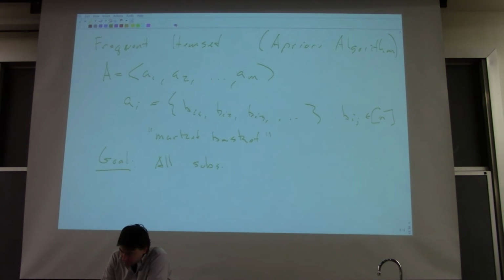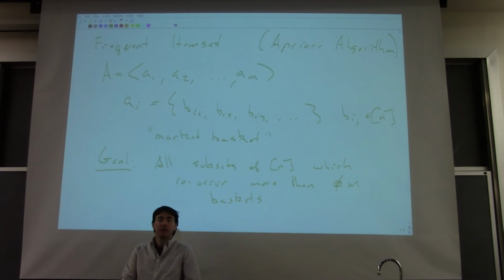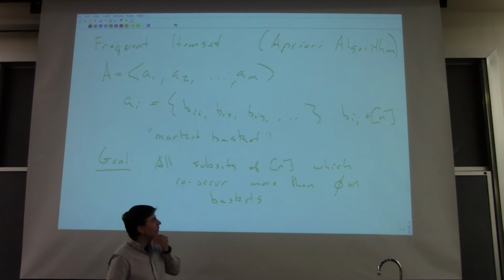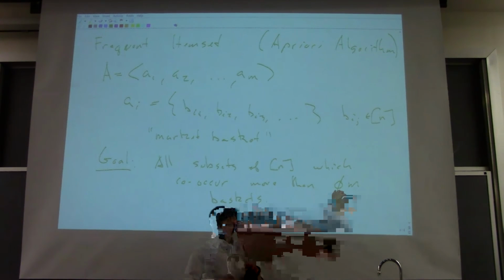So we want to find all subsets which co-occur in more than phi m of the baskets. So more than a phi fraction of all the baskets contain this subset.